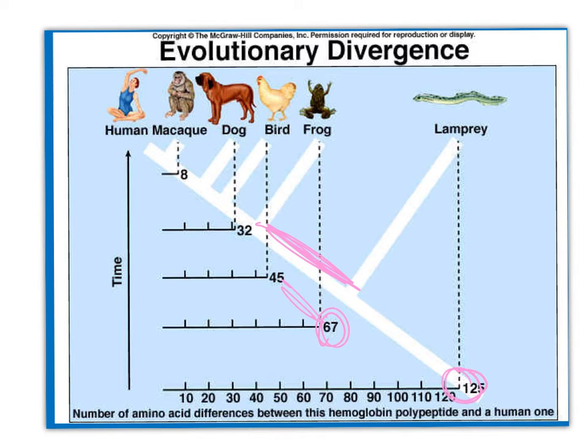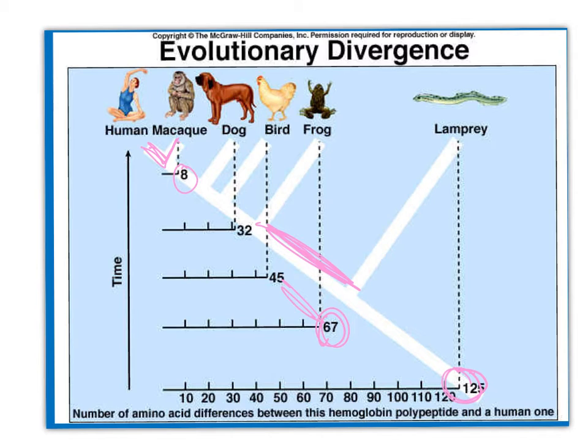And then the human and the macaque, this is a much smaller gap, only 8 differences. So this shows you that how big the lines are is relative to the number of differences you see.